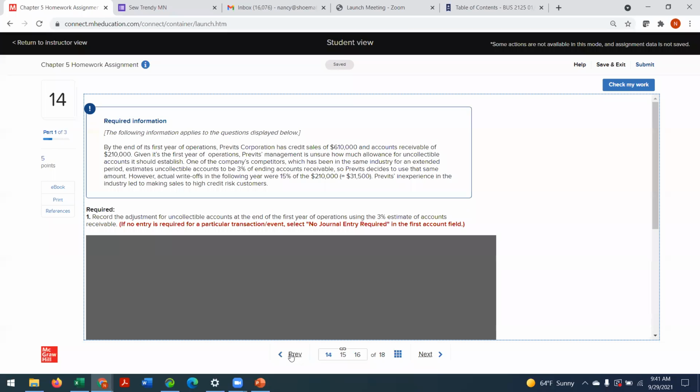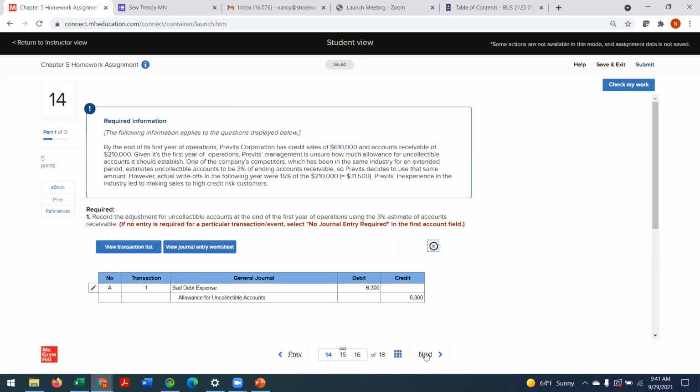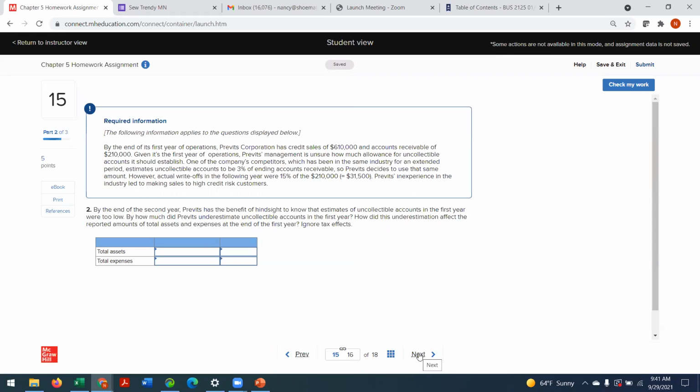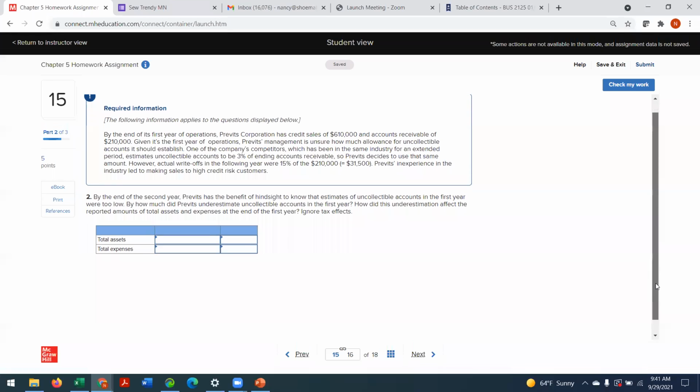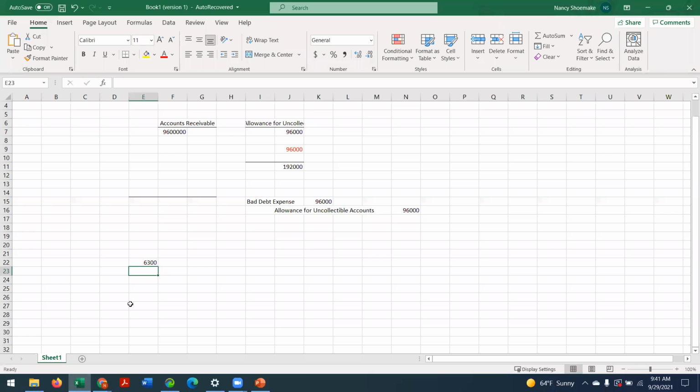So guys, if we recorded 6,300 as a bad debt expense, and yet it really was 15%, so the 210,000 times 15%, we recorded 6,300, but the real loss was 31,500.